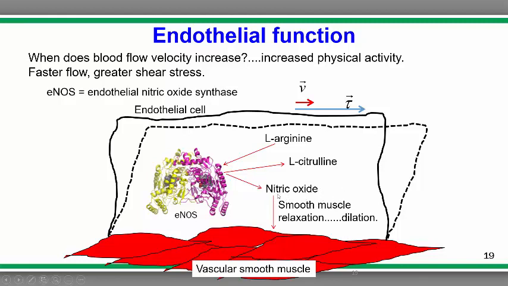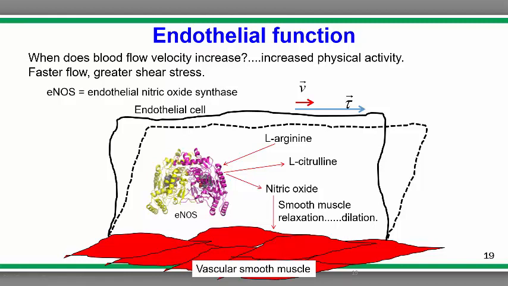Now, the increased production of nitric oxide is carrying out the paracrine function. So nitric oxide will leave the endothelial cell, will enter the smooth muscle cell adjacent and nearby the endothelial cell, and nitric oxide will interfere with the vascular smooth muscle's ability to produce force.